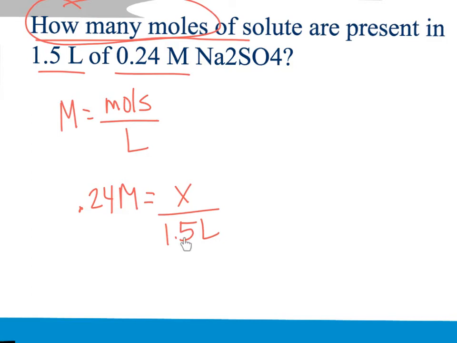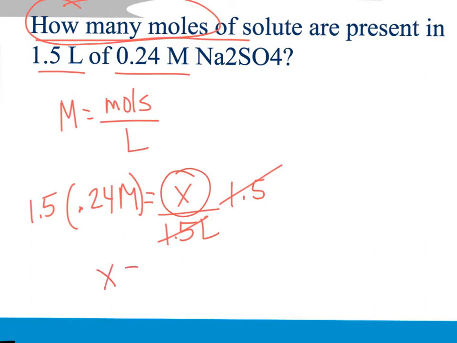If we have 1.5 on the bottom, then we multiply by 1.5 on both sides. It crosses out there, and now we can solve for X because we have X by itself.